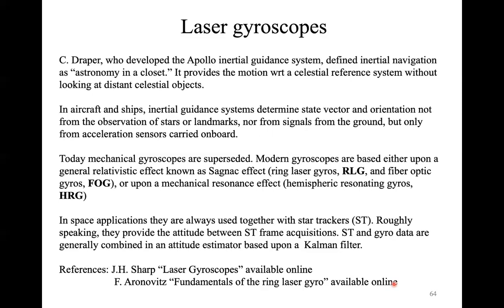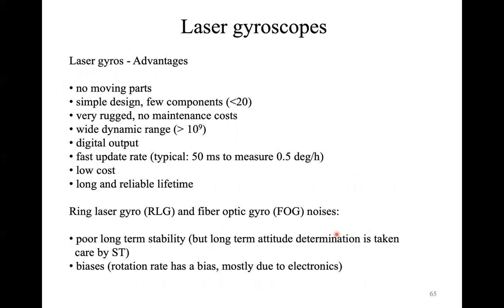But star trackers also give you the possibility to calibrate the error sources of a gyroscope during star tracking mode. We report here, for example, a reference. If you want additional explanation regarding laser gyroscopes, you can find these two references that give you much more detail of what we are going to discuss during this course.